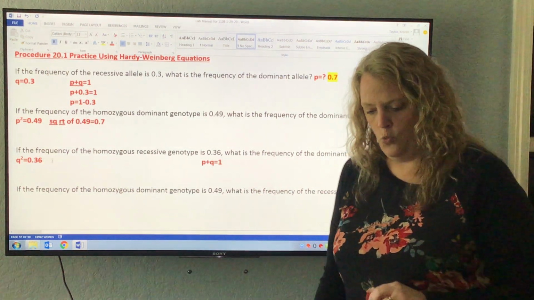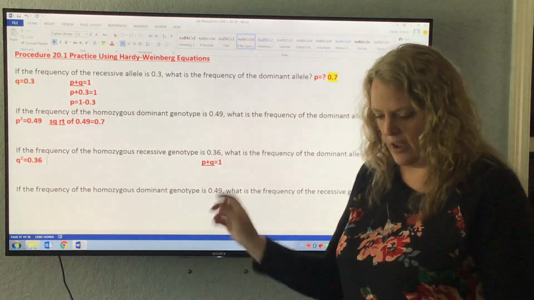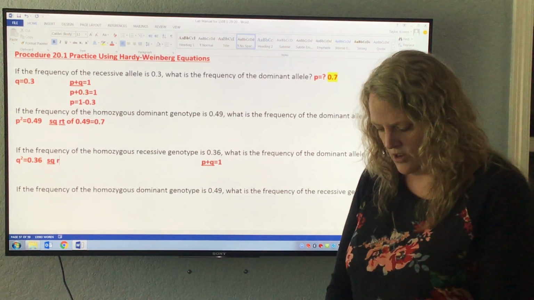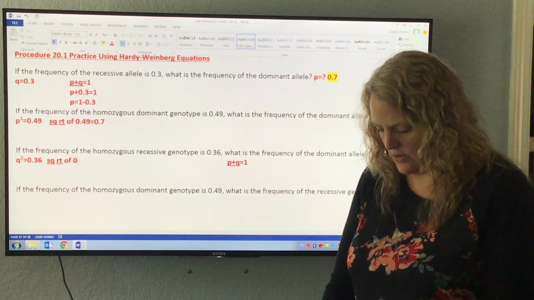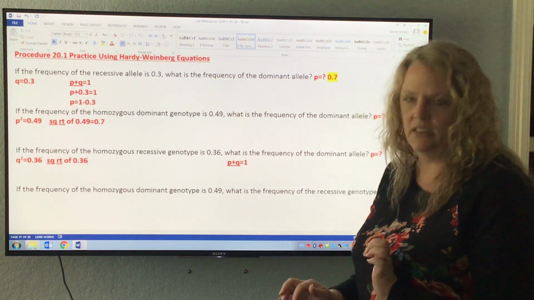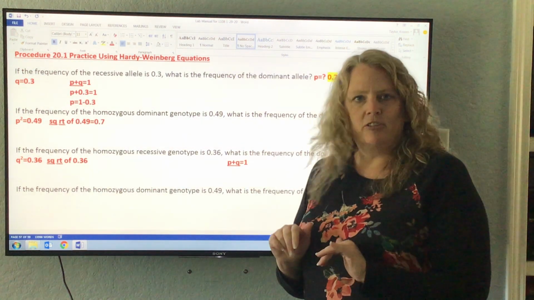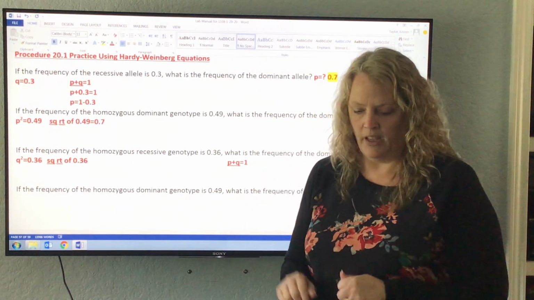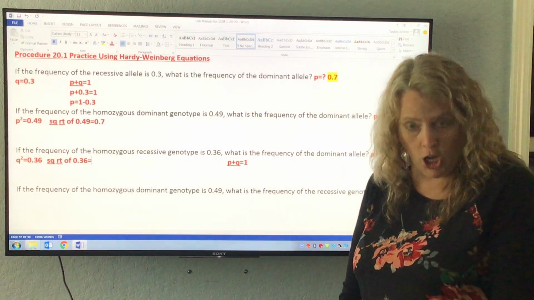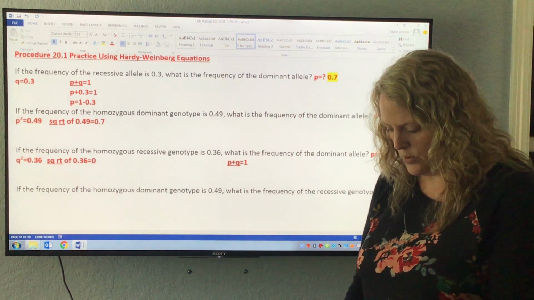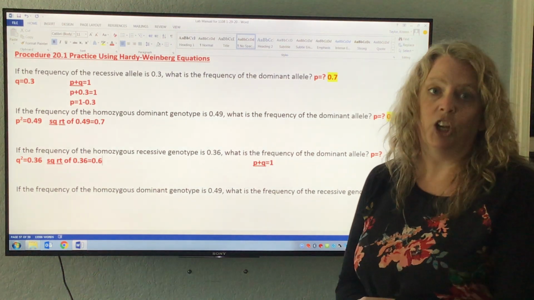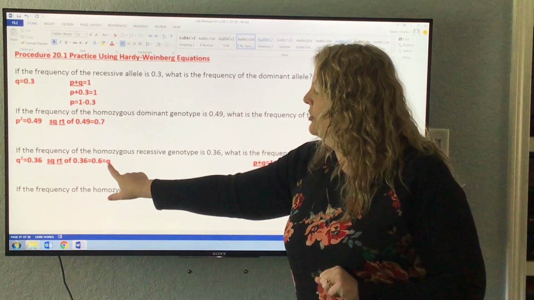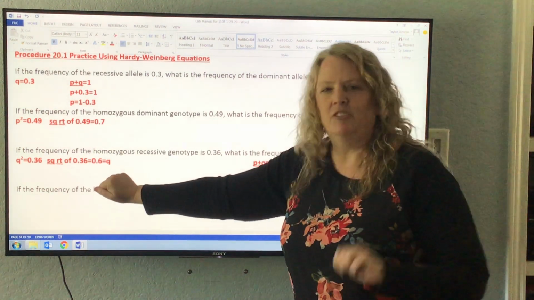I don't have the symbol for square root, so I'm going to write out square root of 0.36. You plug 0.36 into your calculator and hit the square root function, and you should get 0.6 for your Q. I'm going to say that one more time.